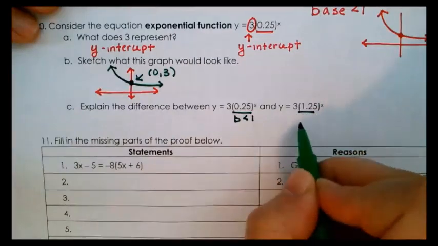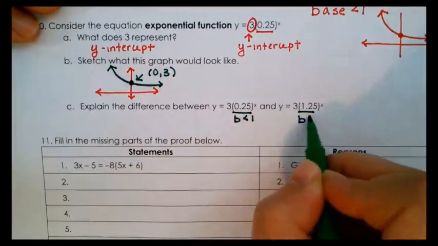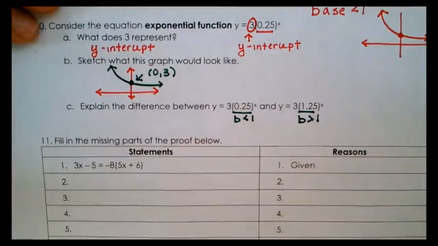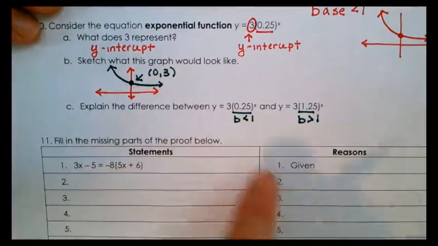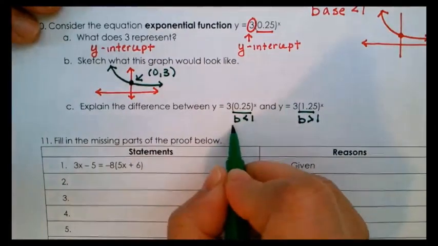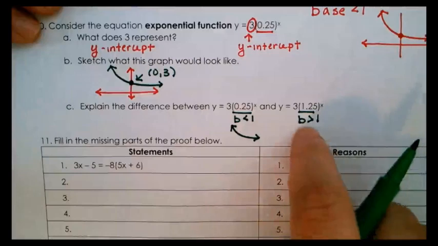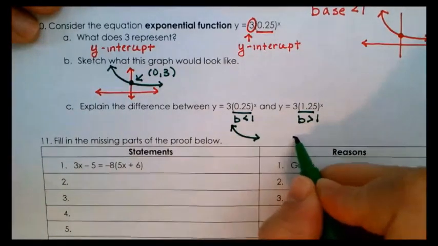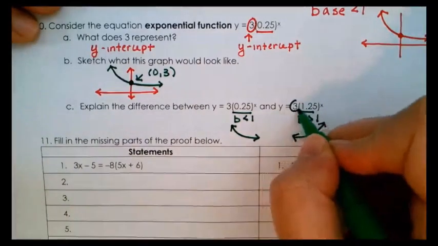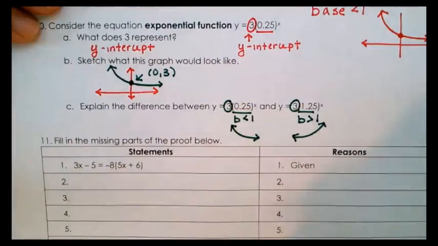In your second example, you have a b value that's larger than 1. The only difference is the direction that your graph is going to go. So if it's less than 1, your graph is going down. It's going to decrease. If your base is larger than 1, which 1.25 is, it's going to go up. However, they have the same y-intercept of 3.